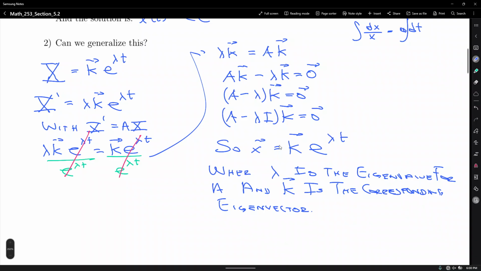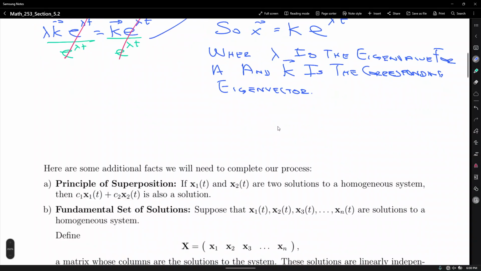Just a little more information, more like technicalities of all this. Again, superposition. Remember the principle of superposition? For instance, if we have some system, the solution will be some constant times x1 plus c2 x2 plus dot dot dot, depending on the number of equations, depending on the size of the matrix.